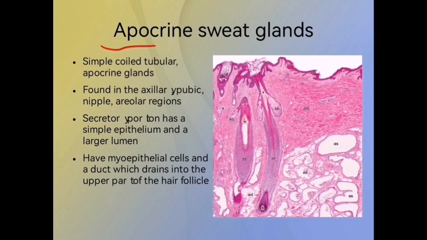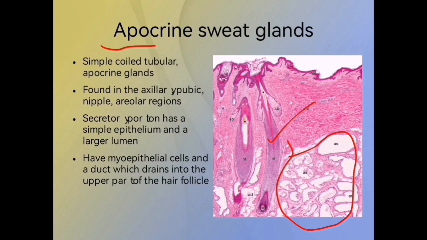These are mainly found in the axillary region, the pubic region, the nipple, and the areolar regions. They are mainly associated with hair follicles. This is our hair follicle, and this is our apocrine sweat gland associated with it.